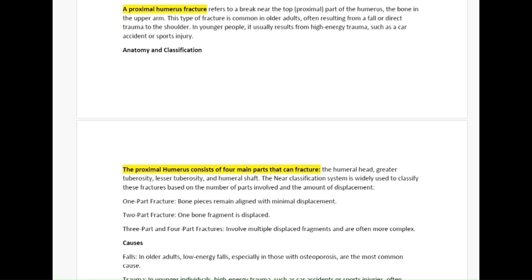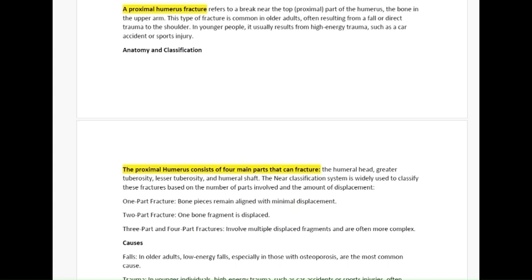The proximal humerus consists of four main parts that can fracture: the humeral head, the greater tuberosity, the lesser tuberosity, and the humeral shaft. The Neer classification system is widely used to classify these fractures based on the number of parts involved and the amount of displacement.